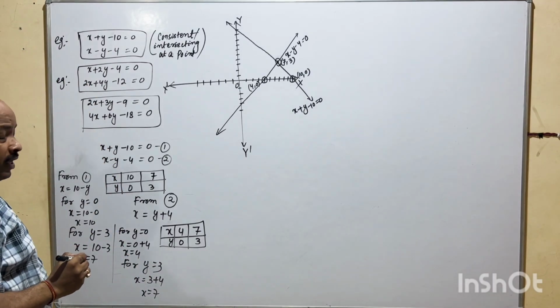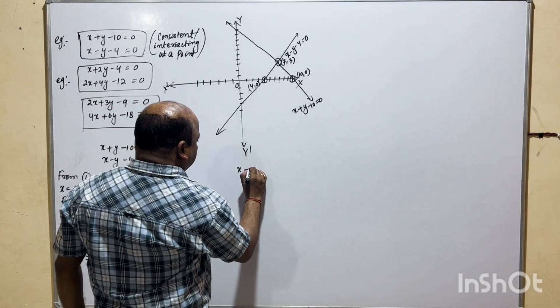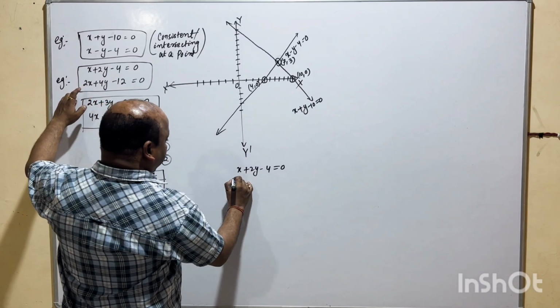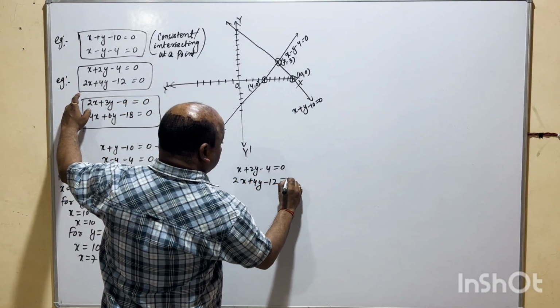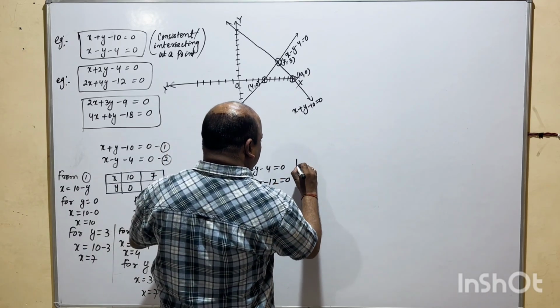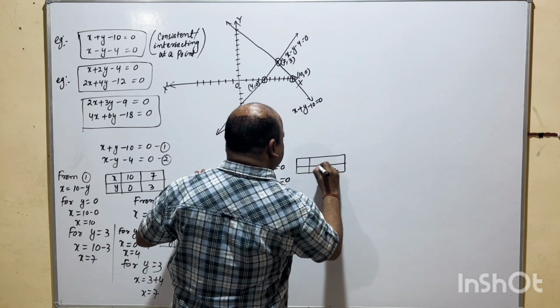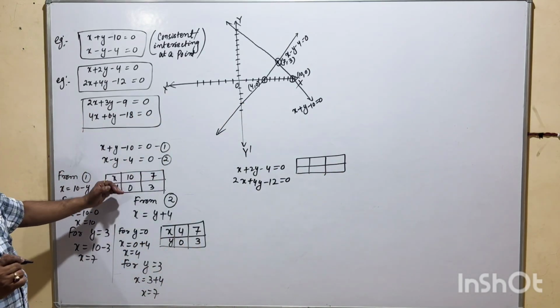x plus 2y minus 4 equal to 0. 2x plus 4y minus 12 equal to 0. So already I proved here using one example. This is the process to get the value of x and y.